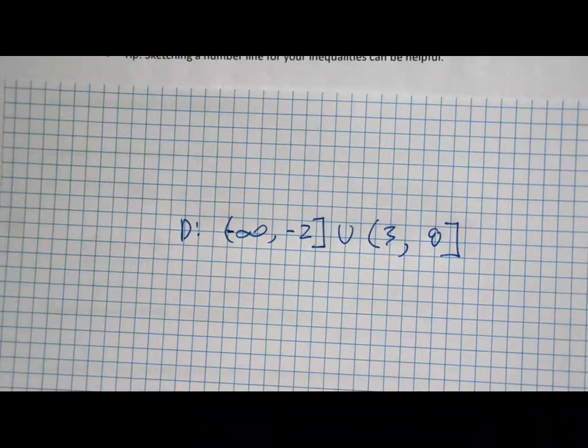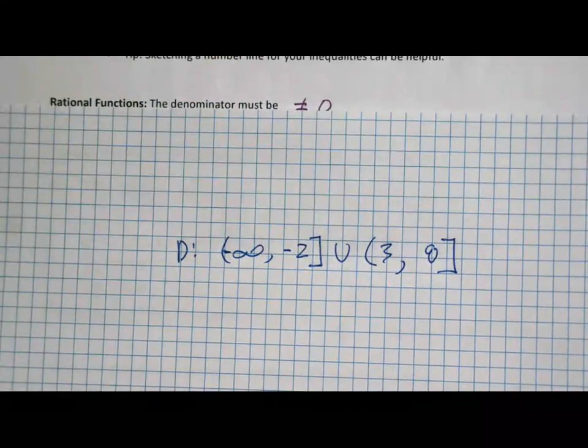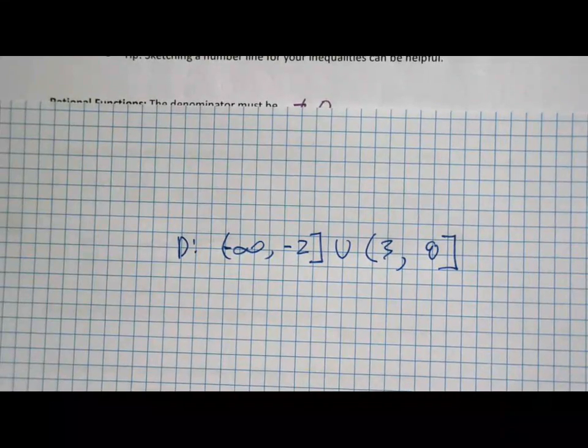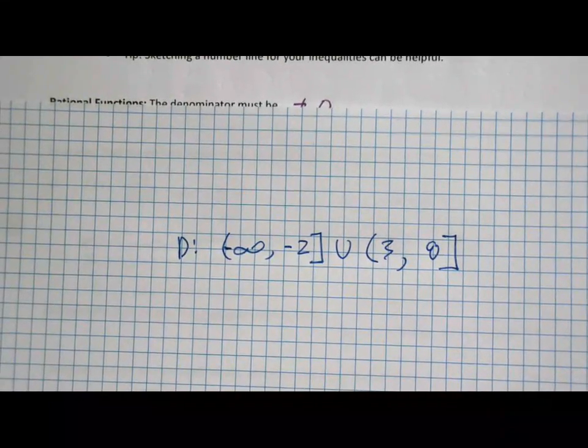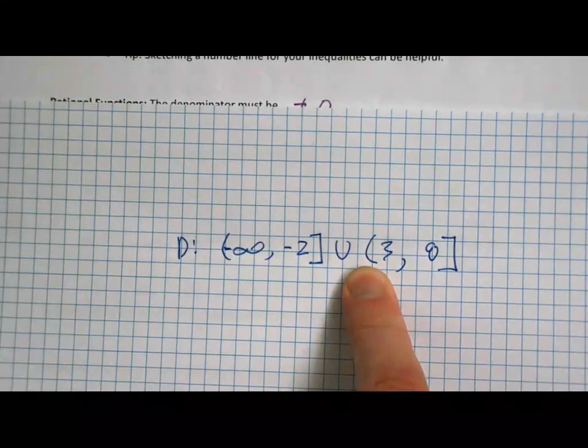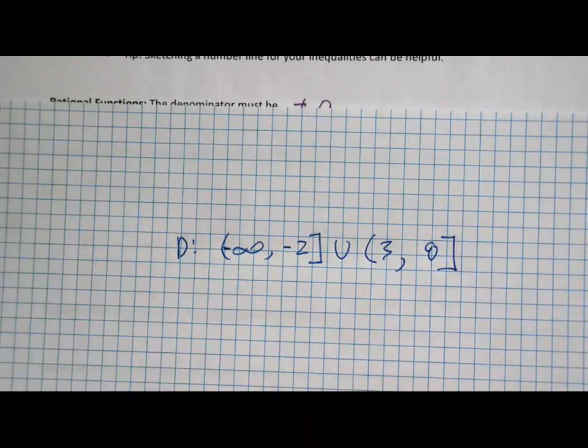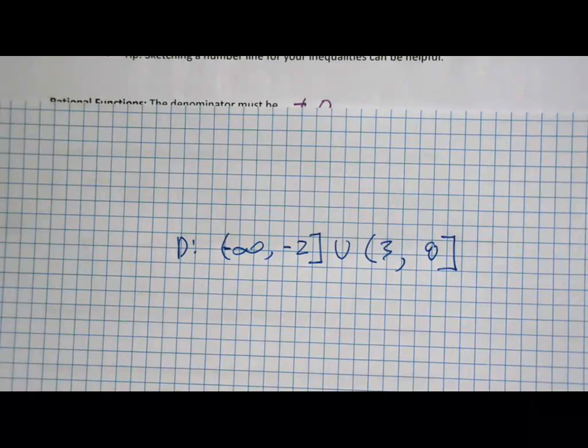No. Not 3. What about 3.00001? That would work, but not 3, right? So almost all the way down to 3, but not quite. What about -2? Yes, -2 would be okay. What about -2.00001?